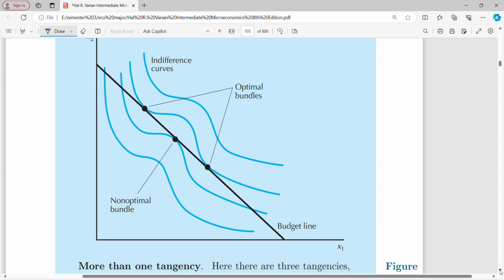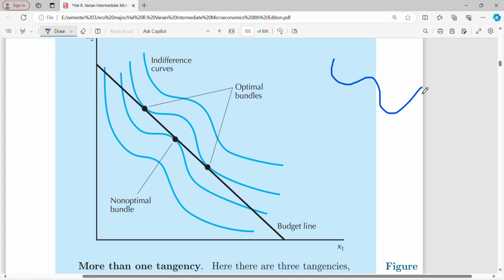But is it the only necessary condition? That means, is it sufficient? No. Okay.